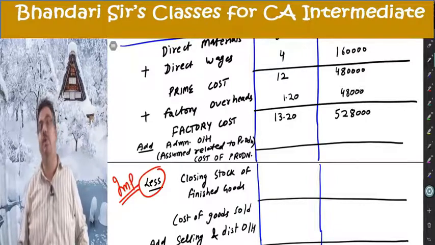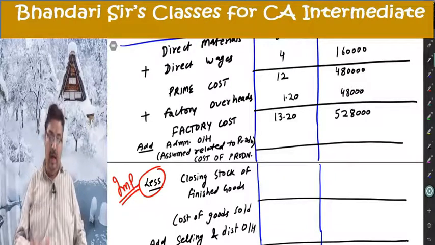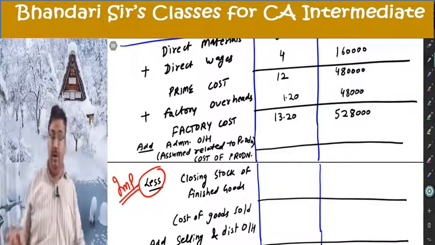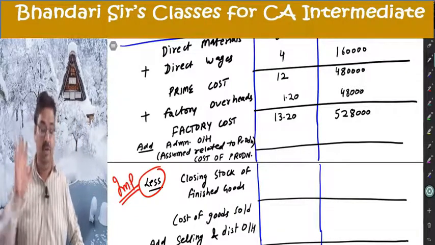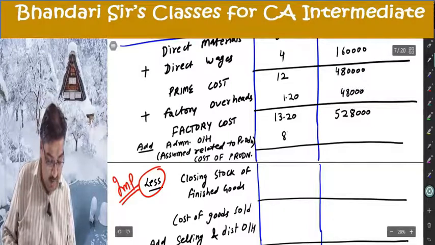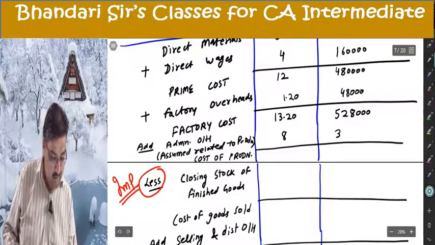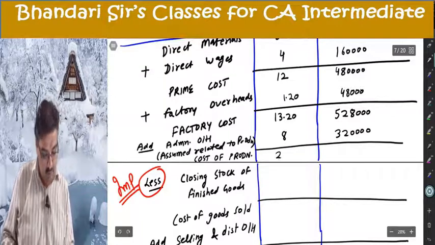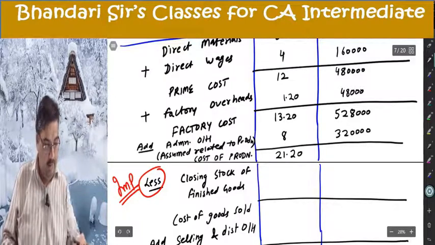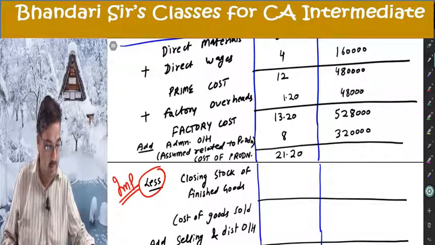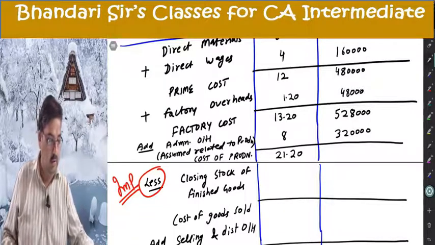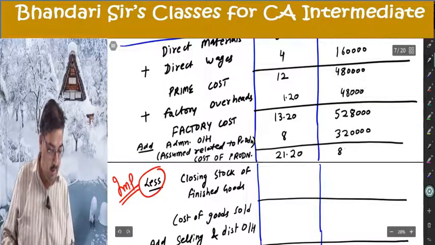So assumed to be related to production activity. It is given 200% of direct wages. So will be 8 here and 3,20,000 here. 21.20, 5,28,000 plus 3,20,000. It is coming out to 8,48,000.